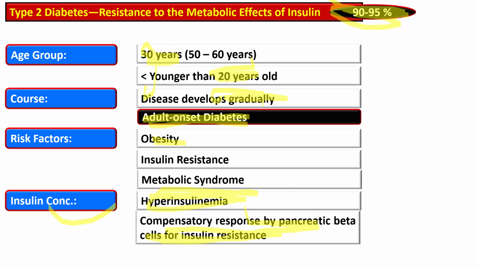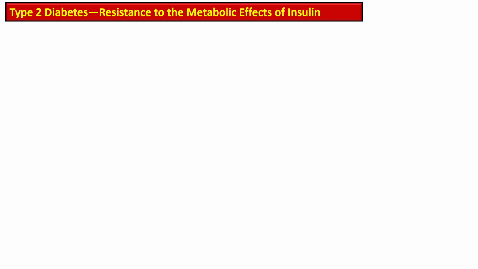So excess adipose tissue, especially the visceral fat, releases inflammatory mediators and adipokines that impair the signaling by insulin, and high levels of free fatty acids further worsen the insulin resistance. The metabolic effects of insulin are reduced in type 2 diabetes mellitus due to development of resistance.